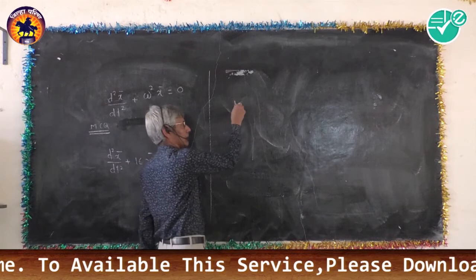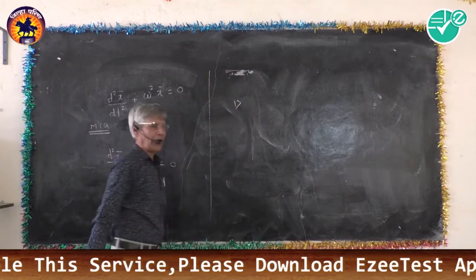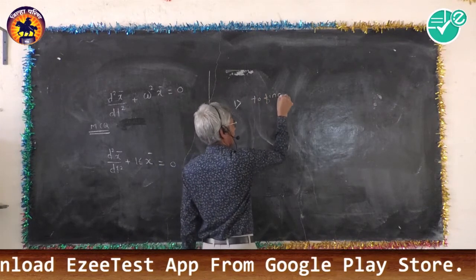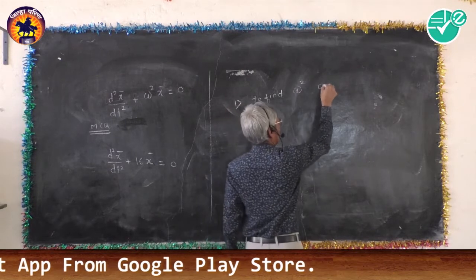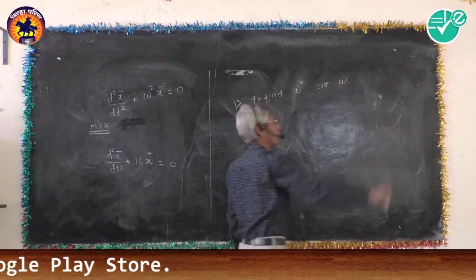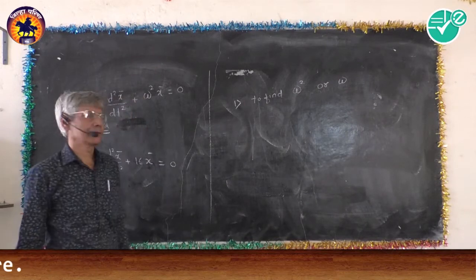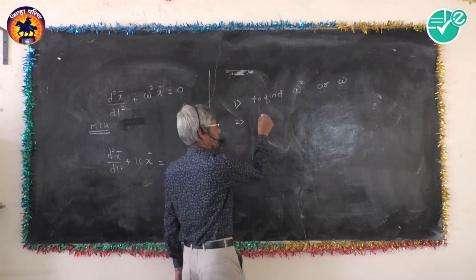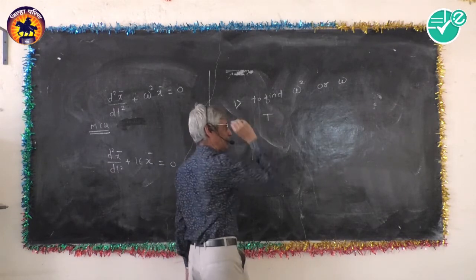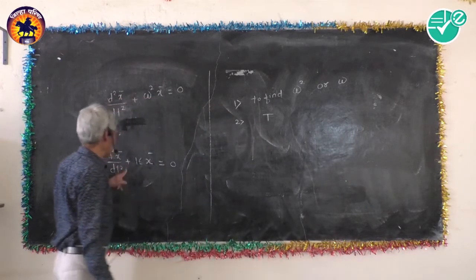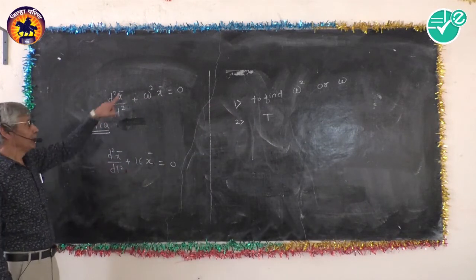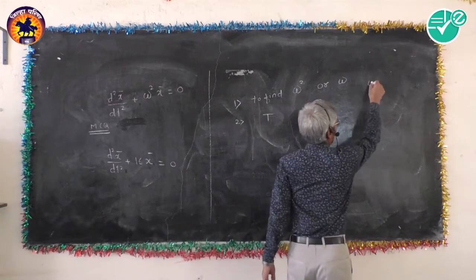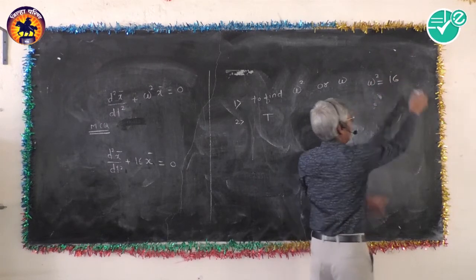The first MCQ which can be asked is to find omega square or omega. If we compare this given equation with the standard differential equation, we can write omega square equal to 16.